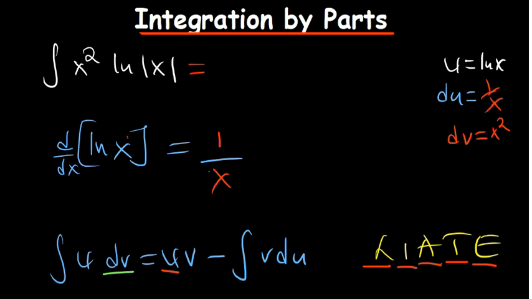If we had x squared, it would be the derivative, 2x, divided by x squared, which reduces to 2 over x.